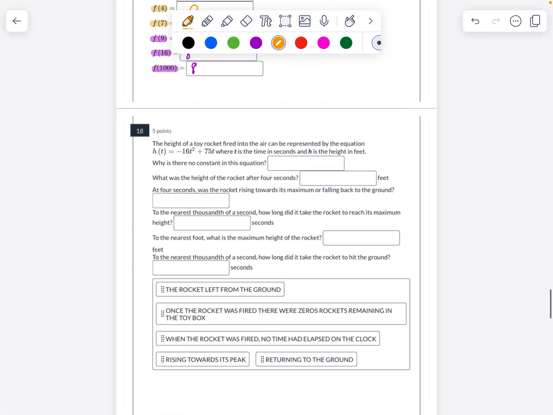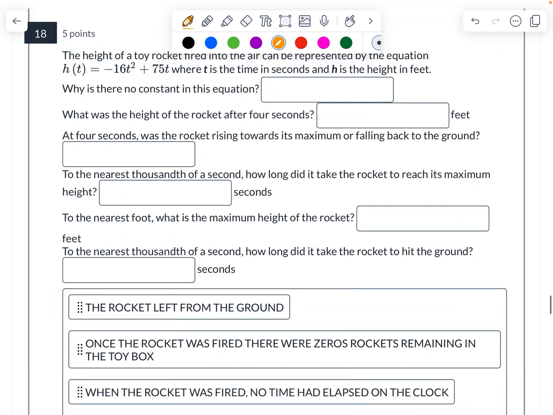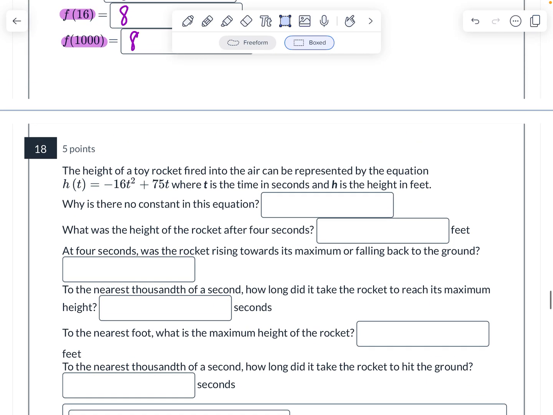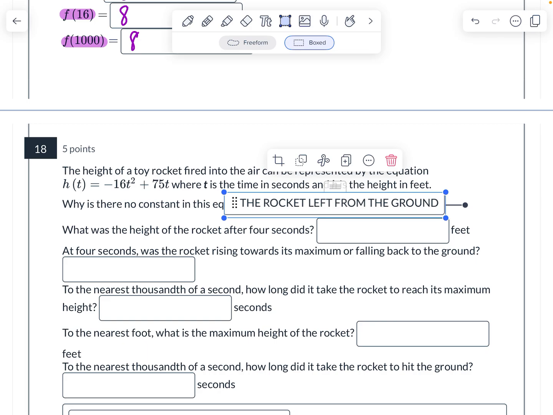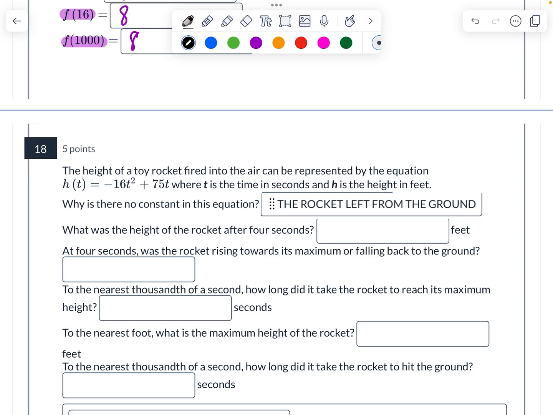All right. Okay, here we go. The rocket left from the ground. That is the answer to that question. The rocket left from the ground. So here's the deal, my friends. Here is your time axis. That is pretty pathetic.